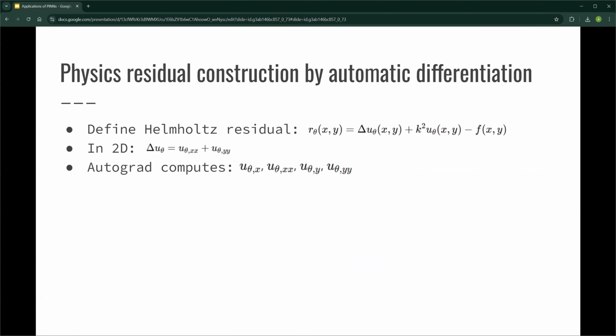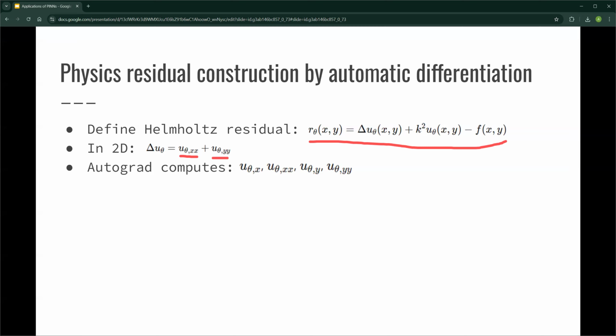Now for the physics residual construction by automatic differentiation, we'll define the PDE residual for the neural network approximation as this function right here. In two dimensions, the terms of u sub theta, the second derivative in x and then in y as well, are computed using automatic differentiation in PyTorch, right?